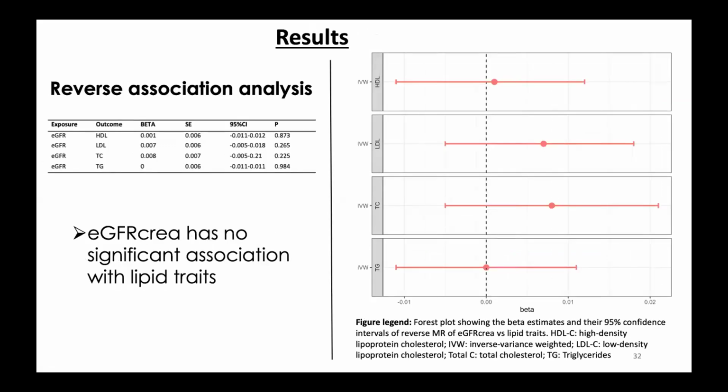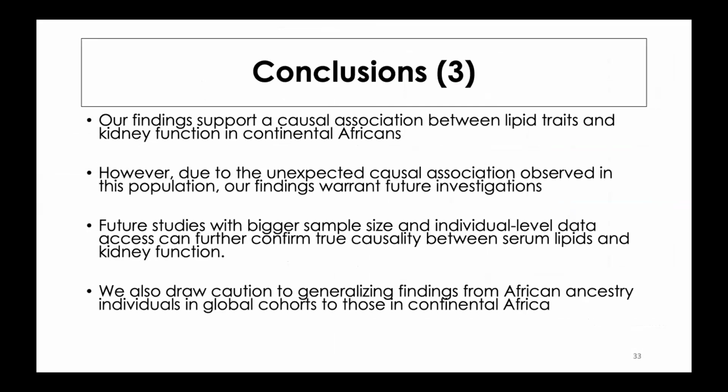Then the reverse association showed that kidney function does not have a reverse effect; it is not causally associated with lipid traits. So to conclude, these findings supported a causal association between lipid traits and kidney function in continental Africans, but due to the unexpected results, future investigations can open the way to new findings, or they can just confirm what we did.